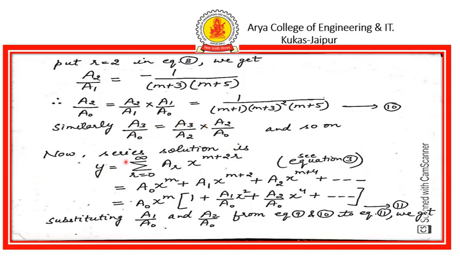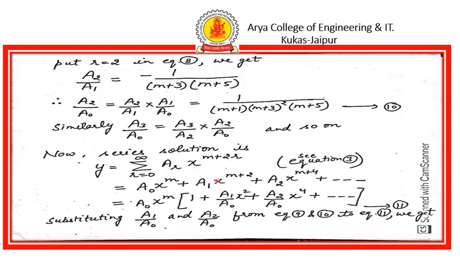Now again, the series solution is given by equation number 3. We expand the summation for various values of r. Put r equals 0, in this summation we get a0 x to the power m plus so on.